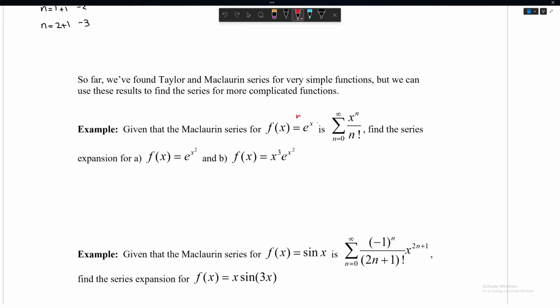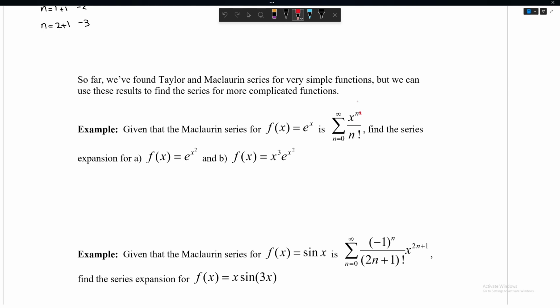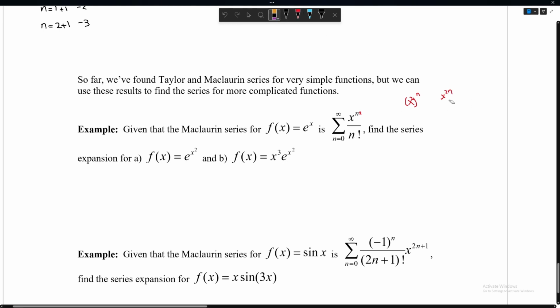Now what if I change my x to x squared? Then what happens? That's all that happens. All you gotta do is take this and sub in your new x. So my x is squared. Instead of this x, I have x squared to the n, which just becomes x to the 2n, right? And so that's how you do it.